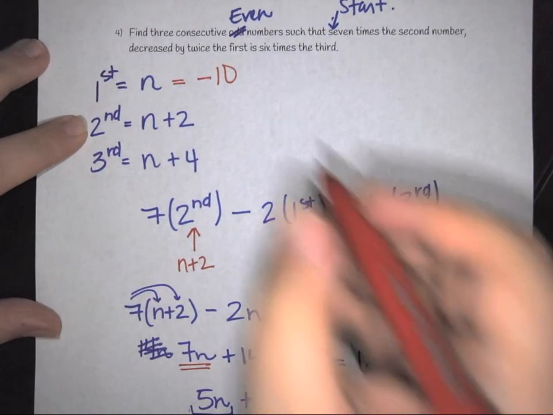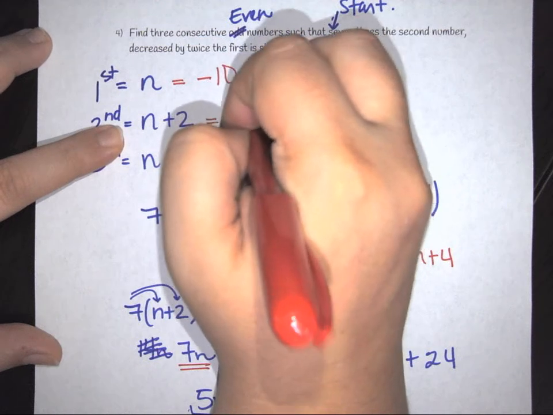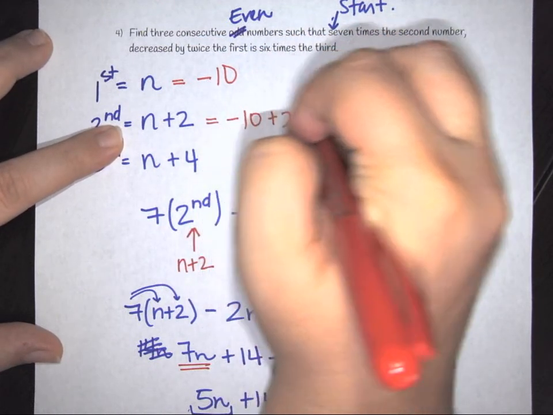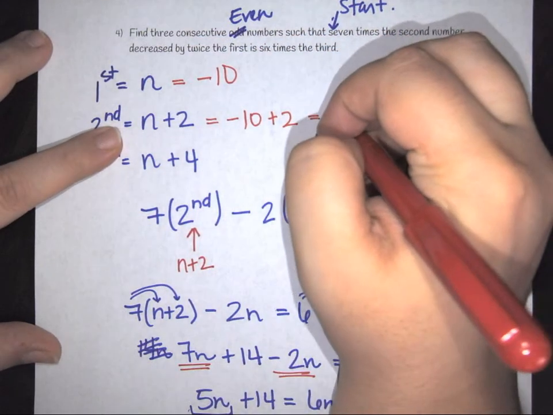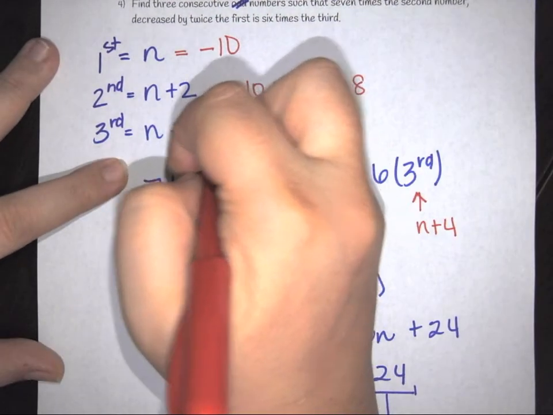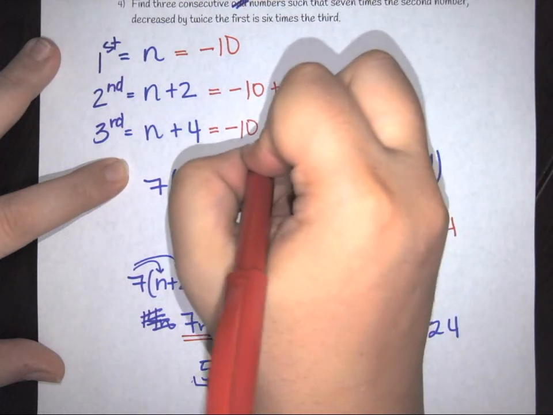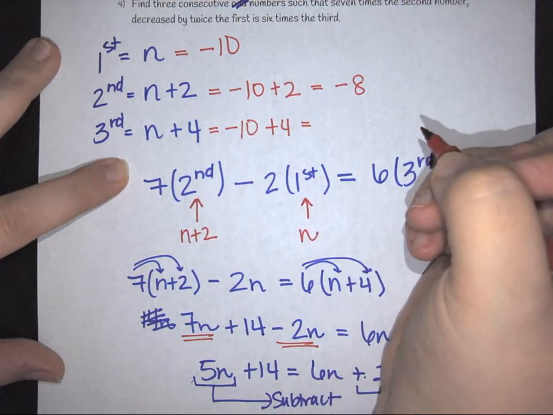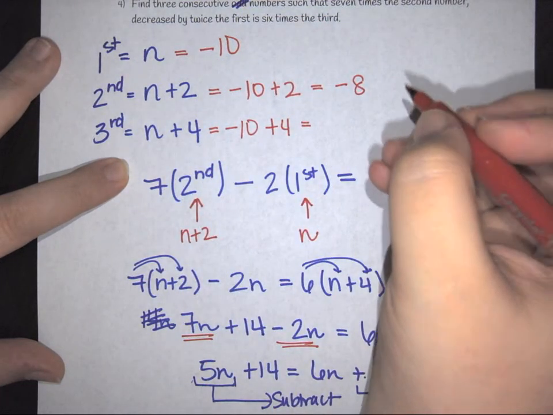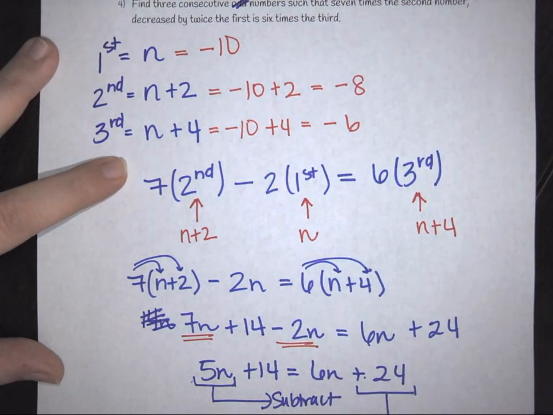To find my second number I take my first, -10, and add 2 to it. -10 plus 2 is -8. And then for my third number, I take where I started from, -10, and add 4 to it. So -10 plus 4 is -6.